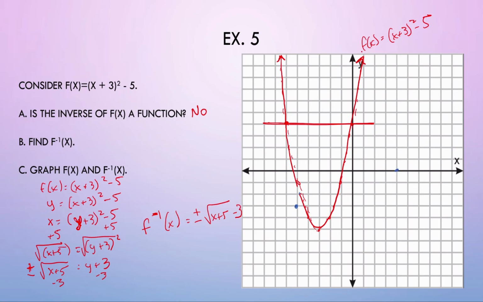And we're going to have a point here. And the absolute value function, or not, sorry, the square root function would be like this. But also, we've got the plus or the minus, so that means that it also goes like this.